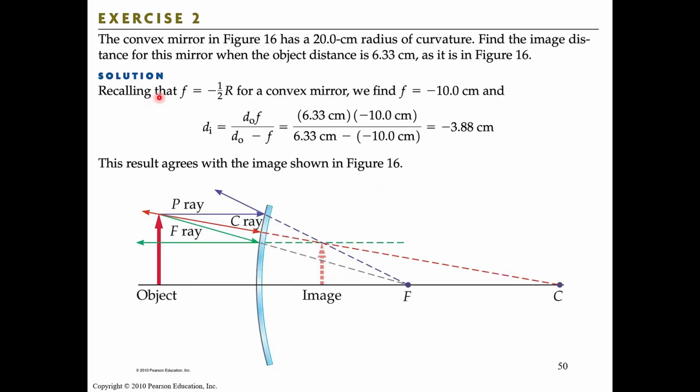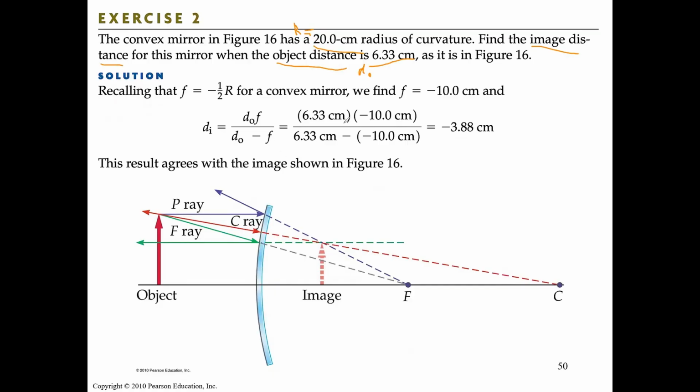Okay, another exercise. Now we have a convex mirror. Okay, and we know the radius of curvature R is 20 centimeters. Okay, and we were given object distance of DO equals 6.33. Okay, so we need to find out the image distance.